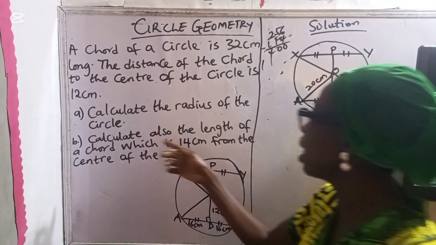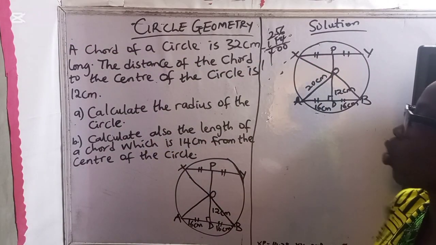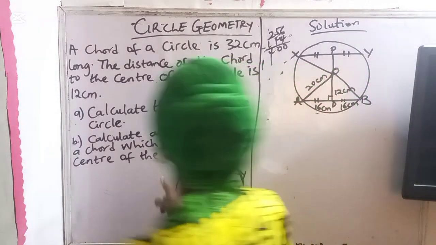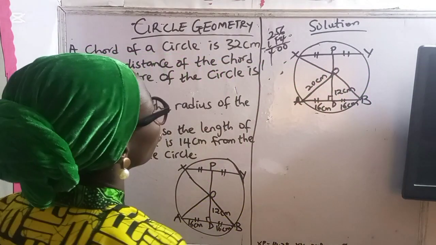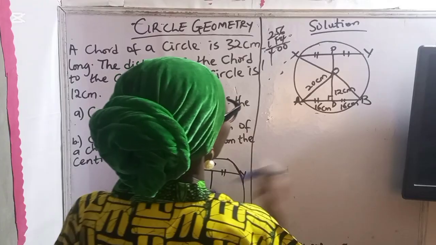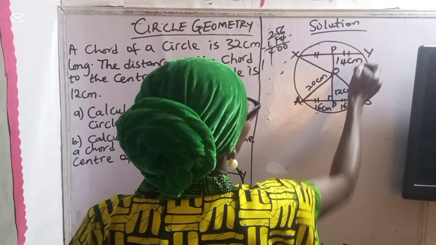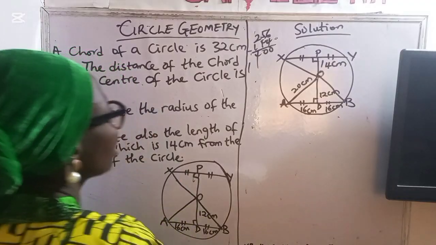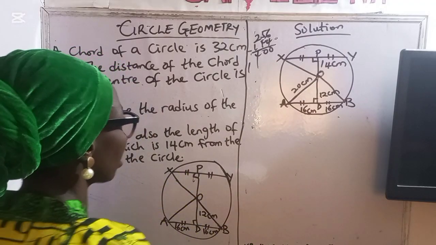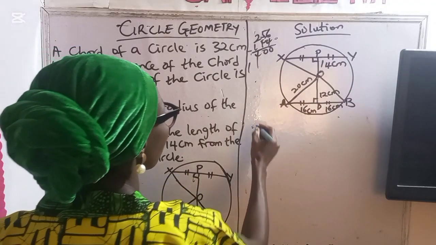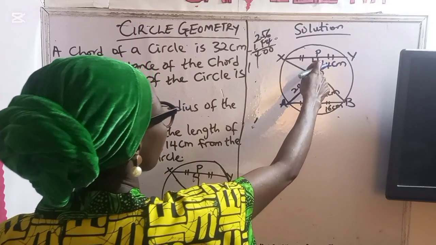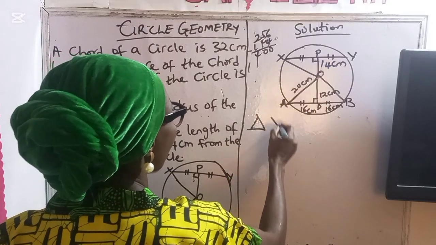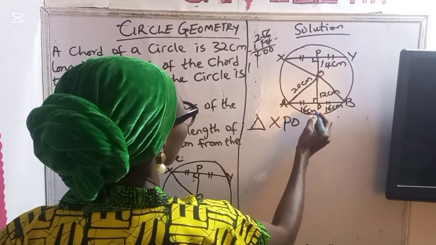Then it says, calculate also the length of a chord which is 14 centimeters from the center of the circle. Now, we can see here is 14 centimeters. We know the length of this place. Now we are asked to calculate the length of this chord that is up here. We can see this is a right angle triangle, angle XPO, right?